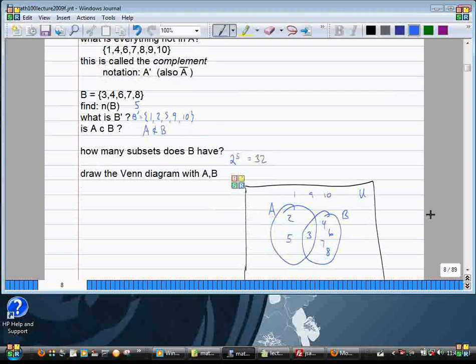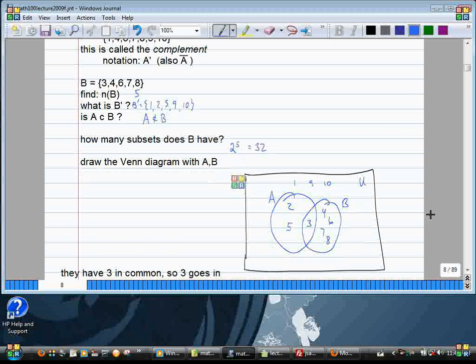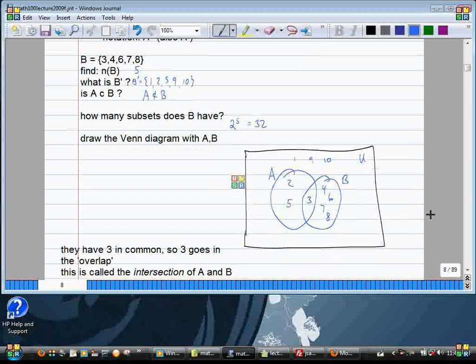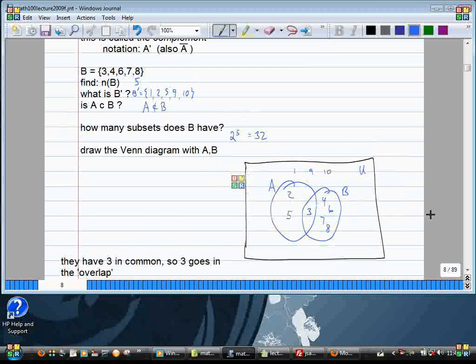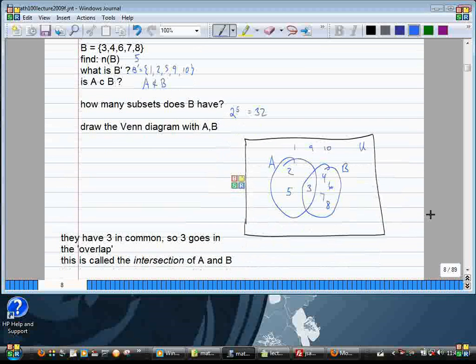So what we're going to talk about more next time is, for example, 3 is what they both have in common. Now there's a name for that. In English I'm going to call it the overlap, but the fancy math term for that is the intersection.